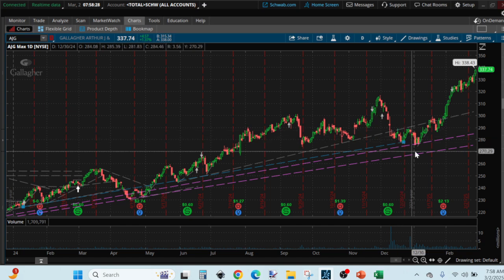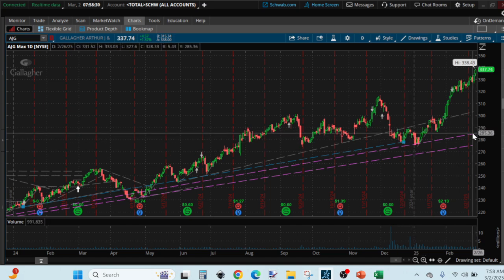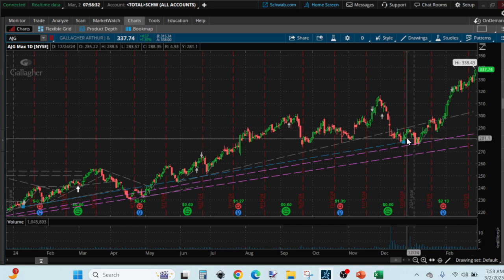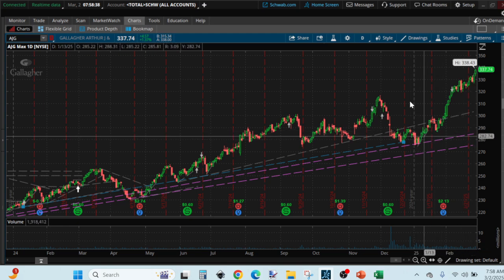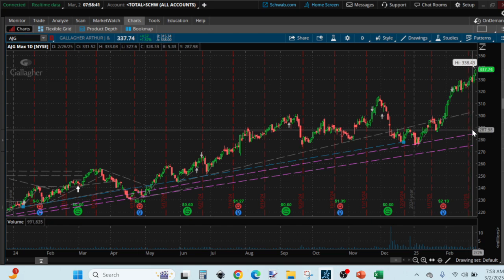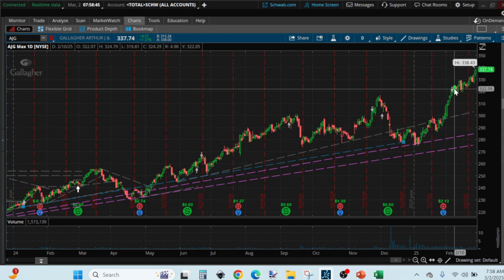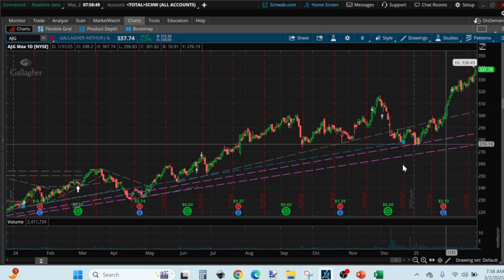That's why I prefer the bottom one, this one. But because it is a long trend line as well, but close to this one, so if it comes that close, we could get in as well. But yes, when it reached that area, we sold it and just got out of it.